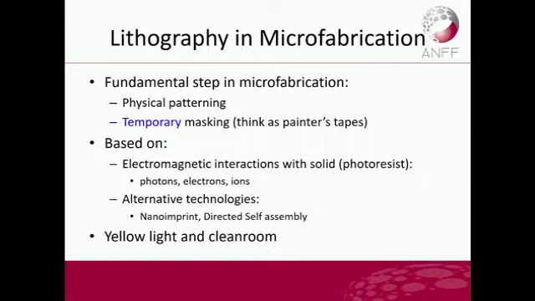Also, these days, directed self-assembly is the new trend that's probably going to overtake the 193 nanometer lithography for the next generation of transistors. I will not be covering that either. And this morning, Jen also covered the reason why we need the clean room for lithography, because you don't want dust or dirt or contaminants to affect your patterns.